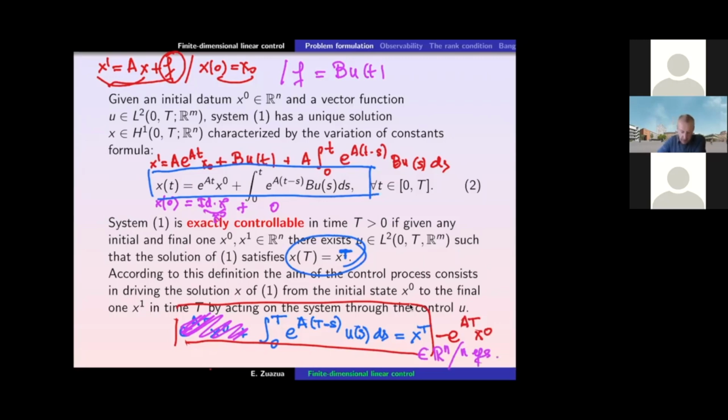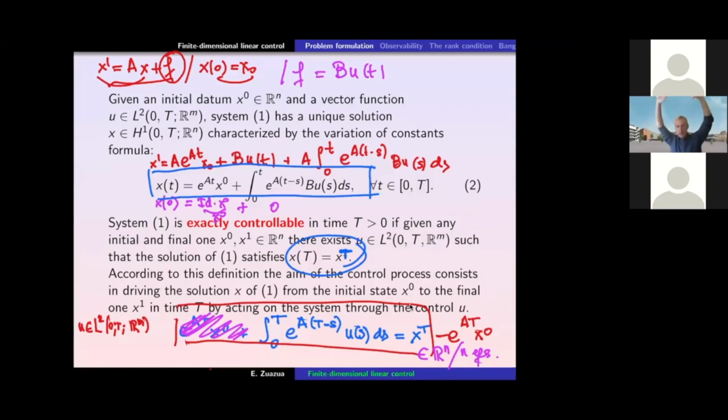And what is the variable I have at my disposal? I have the variable u, right? So I have the possibility, for instance, of taking u, a function which is L2 or L1 with values in Rn. So you see, I have n equations to fulfill, the dimension of the system, right? So how many offices are there in this building?